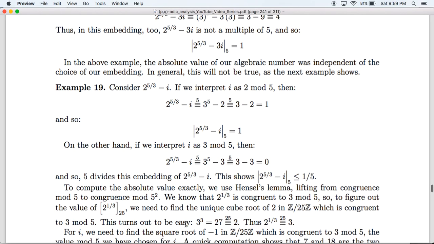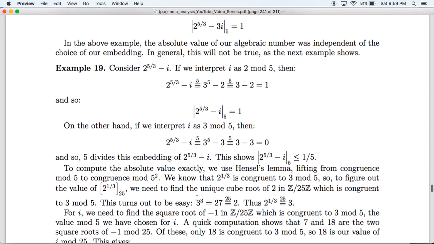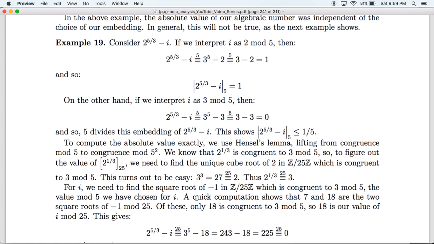This turns out to be easy. 3 cubed is 27, which reduces mod 25 to 2. So the cube root of 2 is congruent to 3 mod 25. For I, we need to find the square root of -1 in Z mod 25Z.